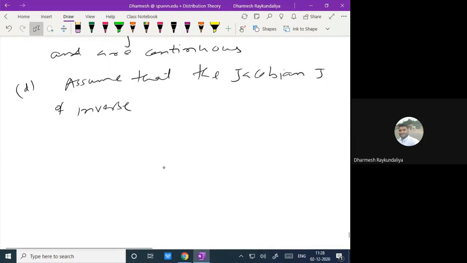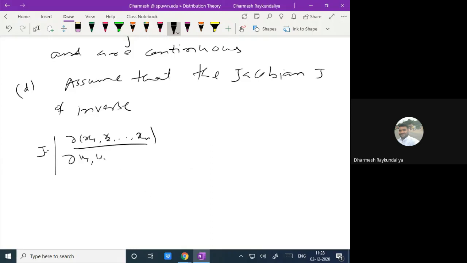Which inverse? We have given x1, x2, xn and we are just taking the partial derivative of x1, x2, xn with respect to u1, u2, un. And how will you obtain this?